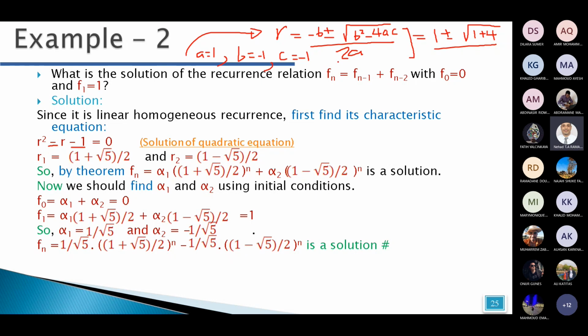A is 1, multiplied by 2, so divided by 2. So we have two solutions. The first solution is 1 plus root 1 plus 4, which is 5, divided by 2. So R1 is 1 plus root 5 divided by 2. The second solution, when we take the minus, R2, is 1 minus root 5 divided by 2.